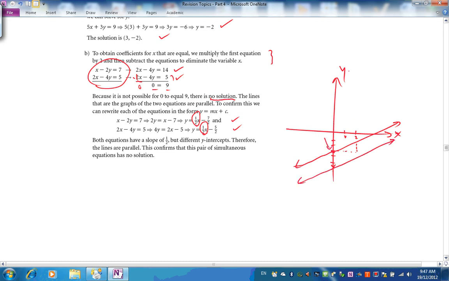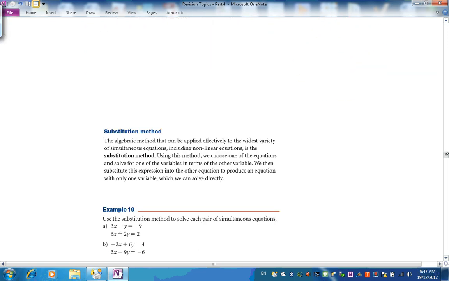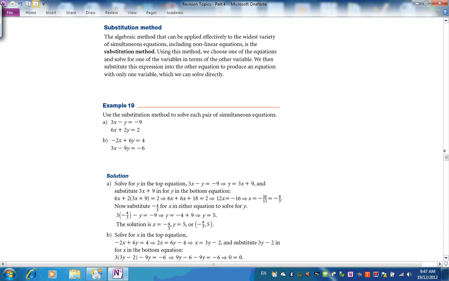They've got two different y-intercepts, negative 7 over 2 and negative 5 over 2, but they both have a slope of a half. So there's no solution, and that's what our elimination method showed us: there are no points common to both lines, no values of x and y that satisfy the equations simultaneously or together.